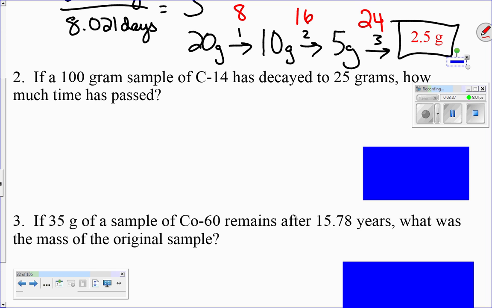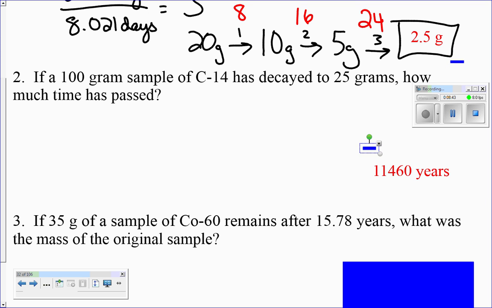If a 100-gram sample of carbon-14 has decayed to 25 grams, how much time has passed? The answer is 11,430 years. Sorry, I originally had the wrong number there and have to edit that. Let me walk you through this really quickly. We have an initial starting 100-gram sample.